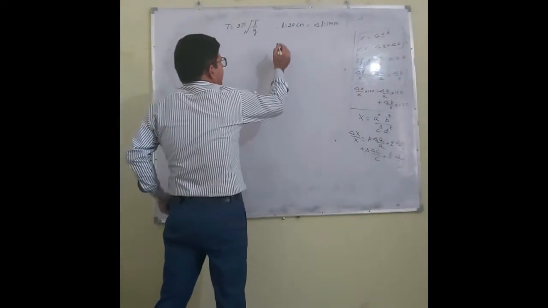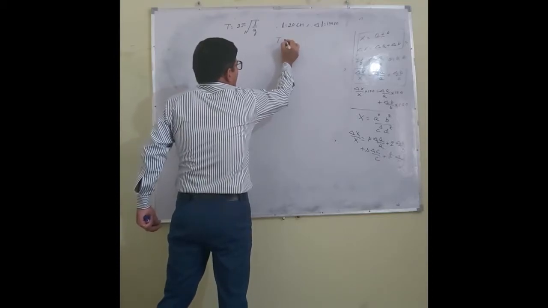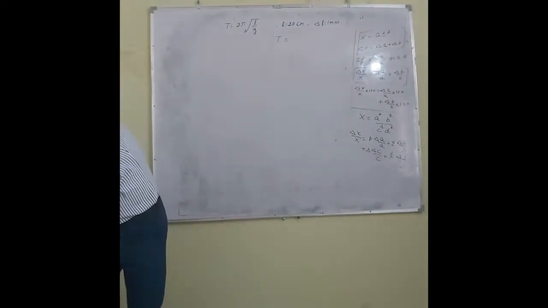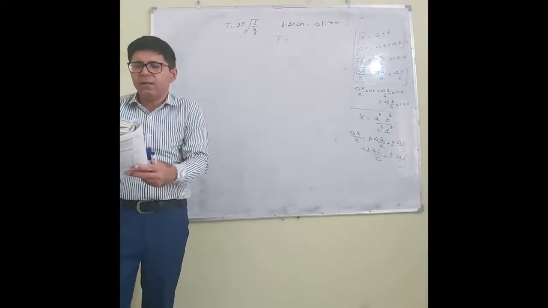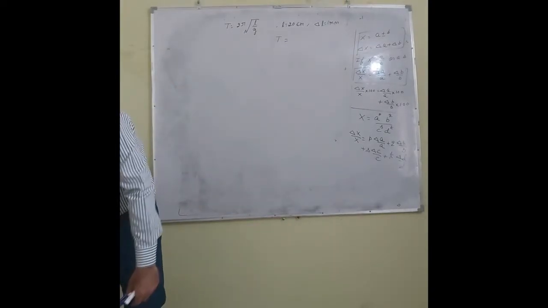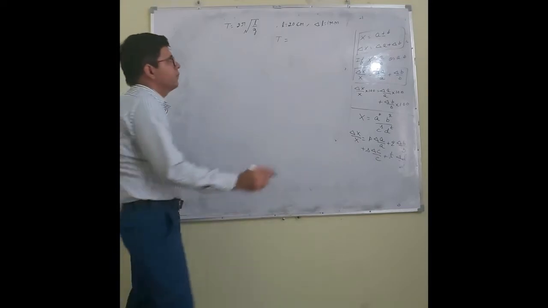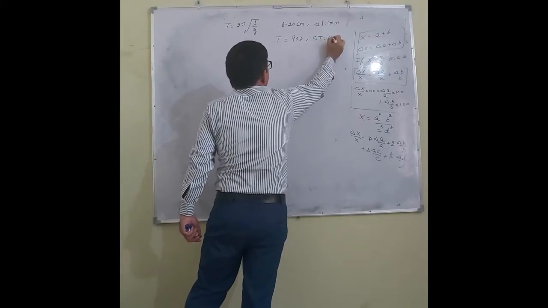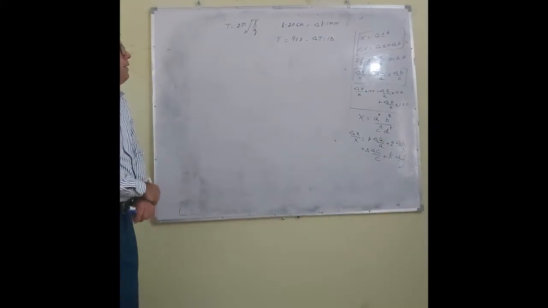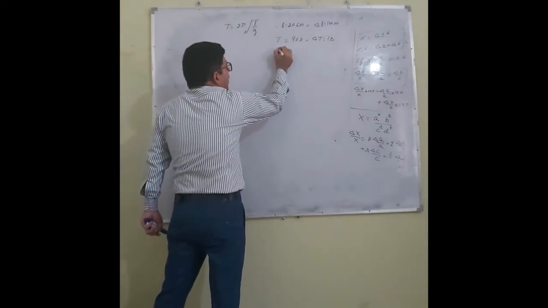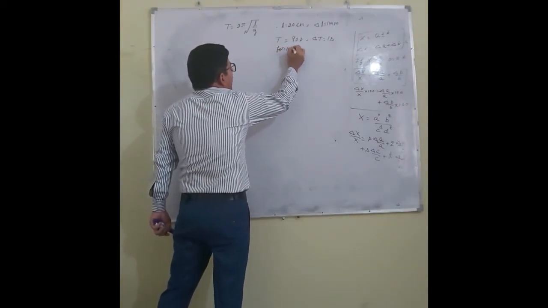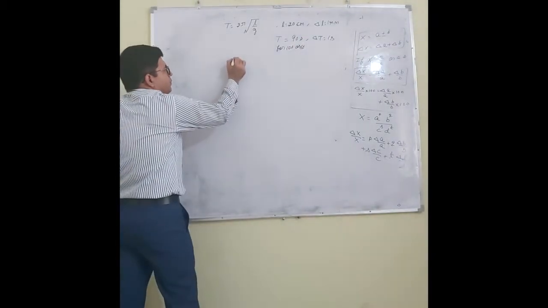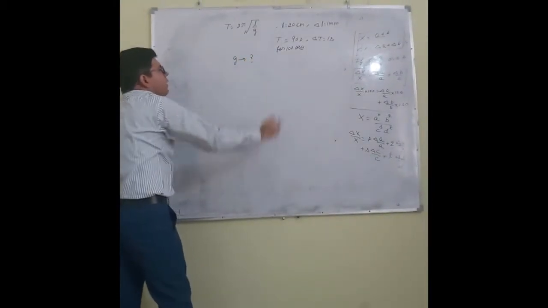What it says is that the time for 100 oscillations is given to be 90 seconds, with an accuracy of 1 second. Find the accuracy in small g.